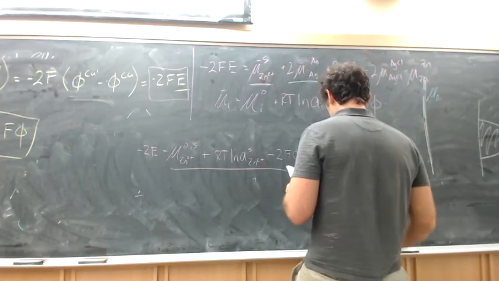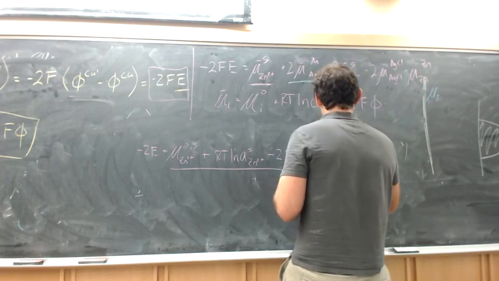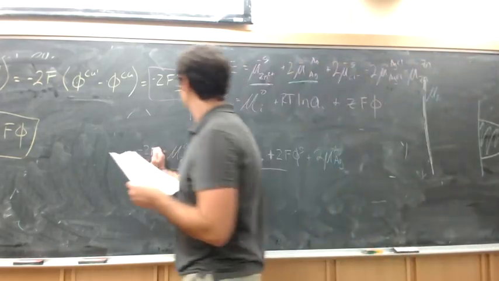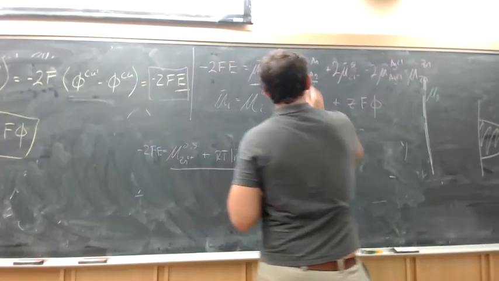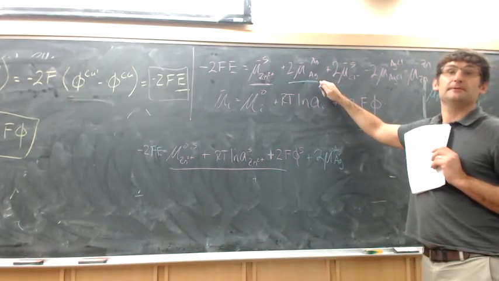That one's going to be easy. Plus 2 mu Ag naught plus, and we also lost an F, 2Fφ. Okay, good. This term's easy because there's no activity component. It's pure, right?